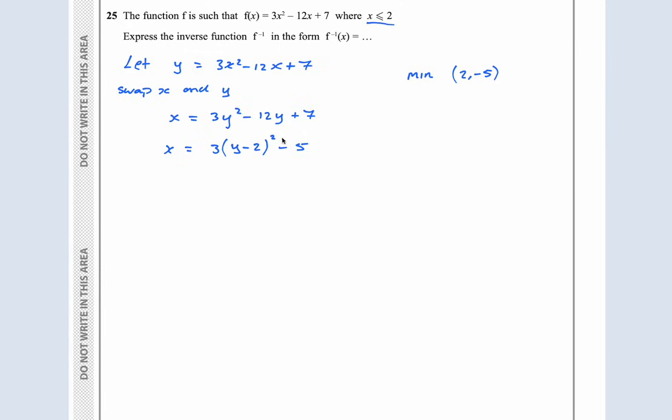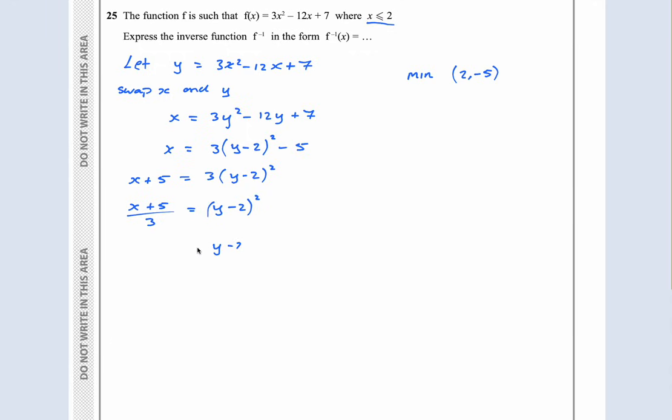Okay, then we're going to rearrange to get y. So we're going to add the 5. X plus 5 is equal to 3 times y minus 2 squared. Then I'm going to divide by 3. X plus 5 over 3 equals y minus 2 squared. Then I'm going to get the square root.